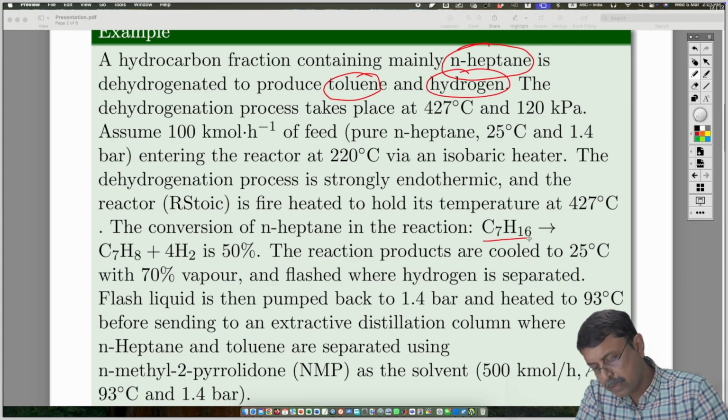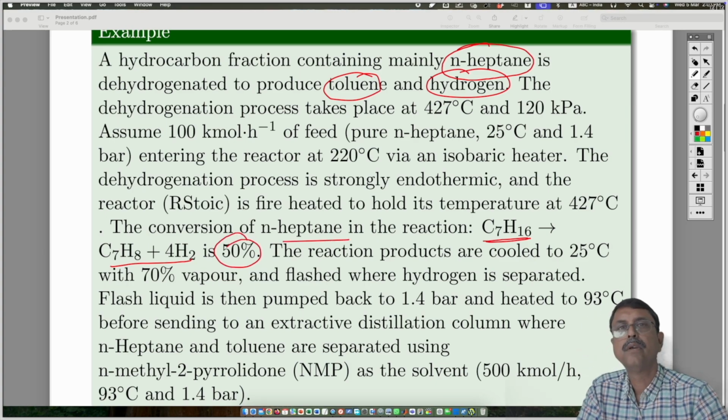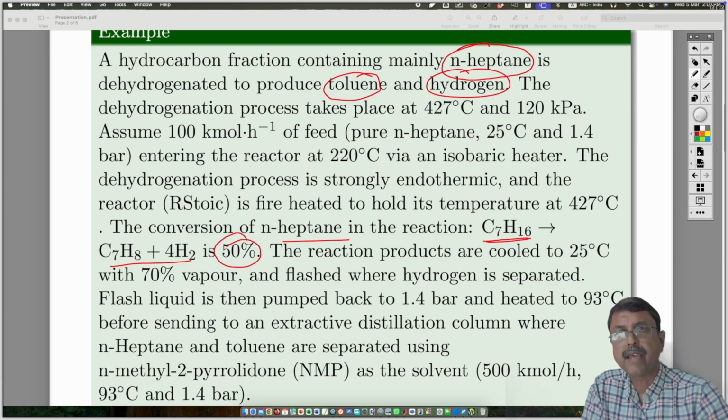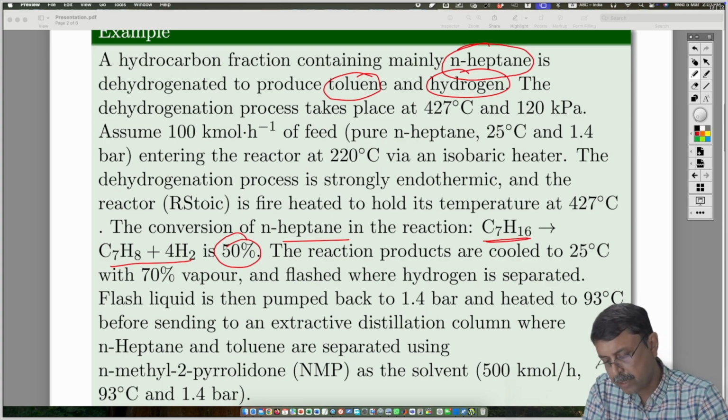Here the N-heptane is converted into toluene and hydrogen. And the conversion of N-heptane is 50%. That means whatever N-heptane is being supplied, only 50% of it is converted, and the rest of the 50% is just going out of the system. Anyway, let us see whether we are recycling or doing anything with that.